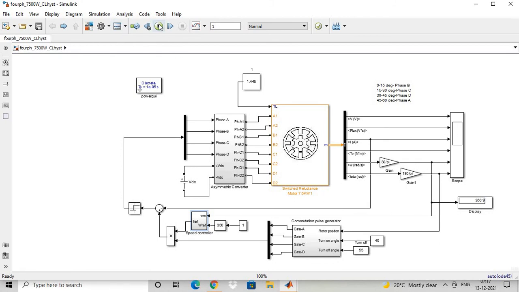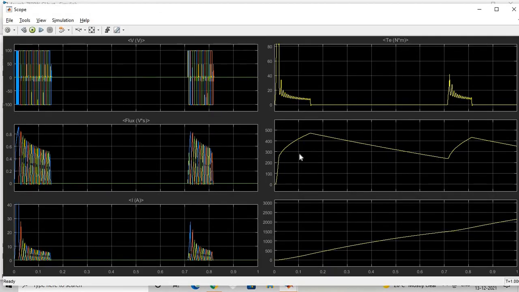If I simulate this, the speed obtained is 350.9 rpm, which is near the required value. If we go through the output graphs, we get voltage, flux, current, torque, speed and angle.